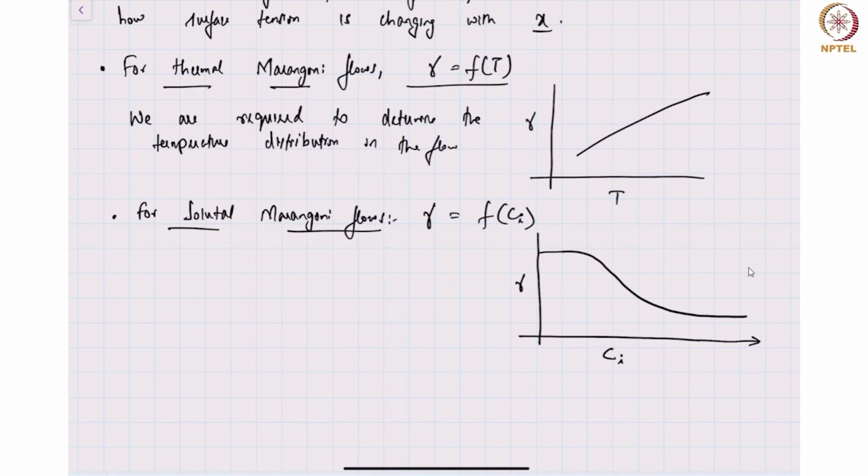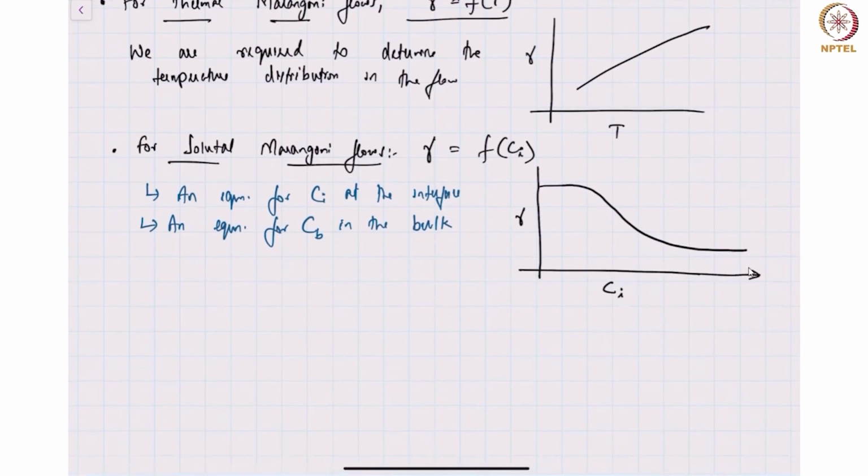So we could have an equation for CI, the concentration at the interface. Typically surfactants are not only at the interface, but most of the surfactants are soluble in the bulk. So you could have a concentration of surfactants in the bulk, and you could have an equation for a bulk concentration, which I'll call CB, in the bulk.